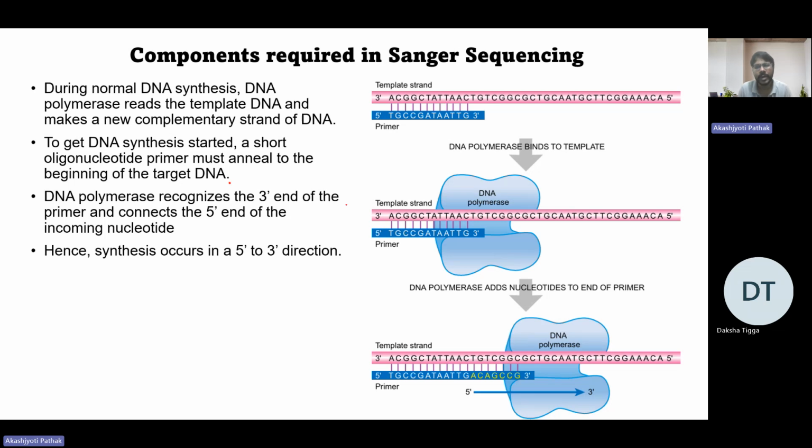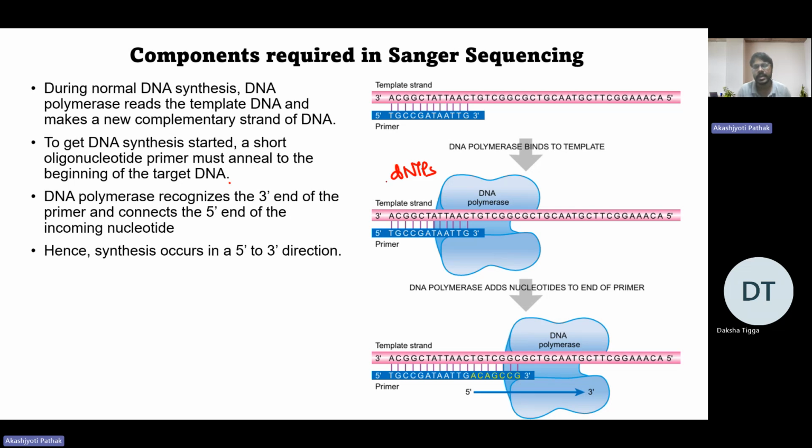Once this is done, the DNA polymerase will come and recognize this primer-DNA hybrid. It recognizes the 3' end of the primer and connects the 5' end of the incoming nucleotide. So you add the dNTPs.